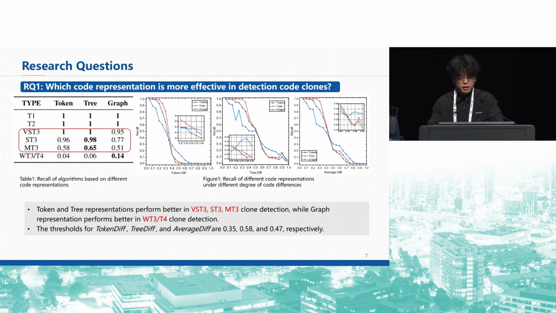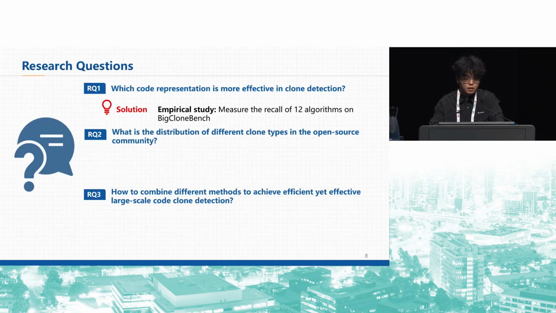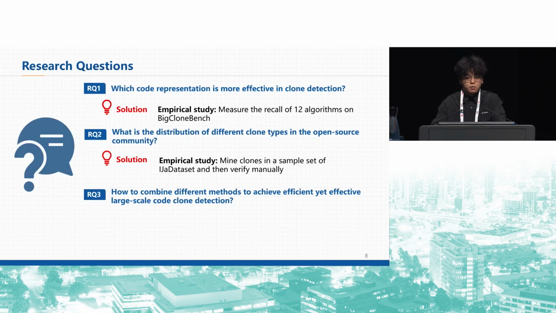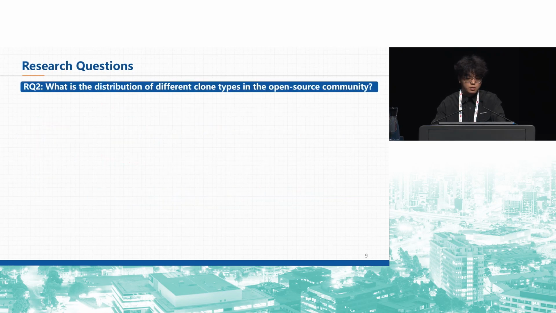And we can find the threshold of the 3 diffs when graph representation algorithms are more efficient in figure 1. As for RQ2, we mine clones of the simple set and verify manually to get the distribution.